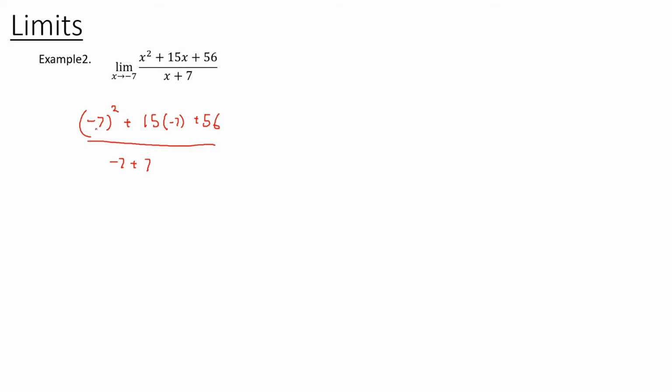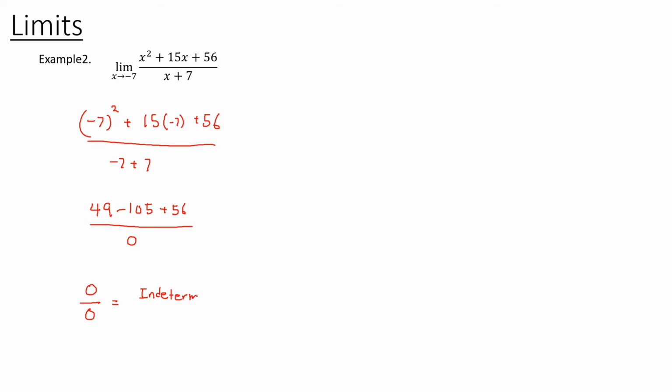This will be 49, this will be negative 105, plus 56, over 0. So this will result in 0 over 0, and we call that an indeterminate form.